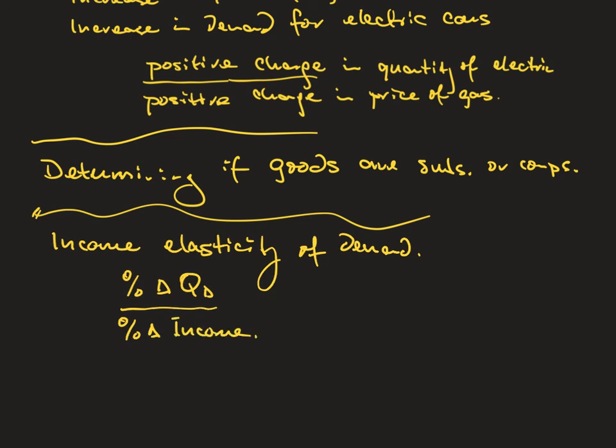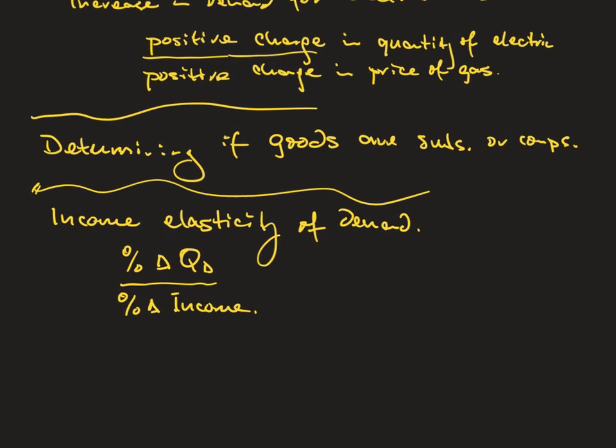So if a person's income doubles, what happens to their demand for a good? Does it double? Does it less than double? Does it go down?